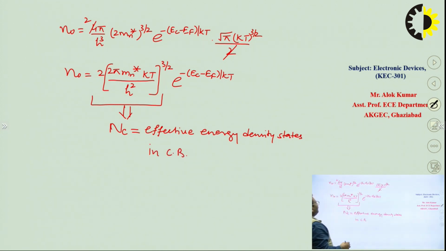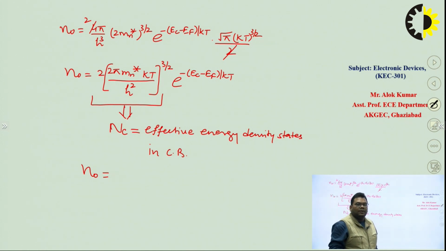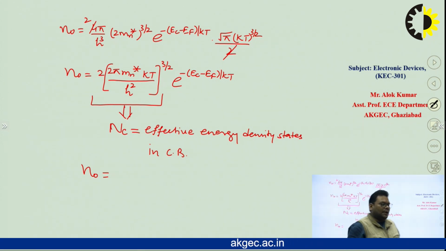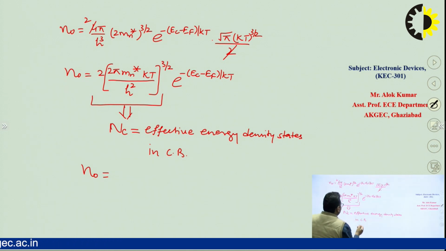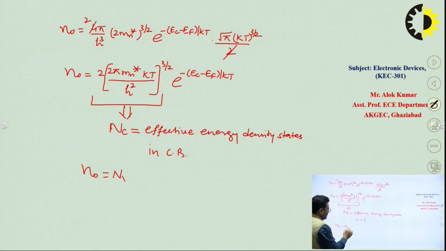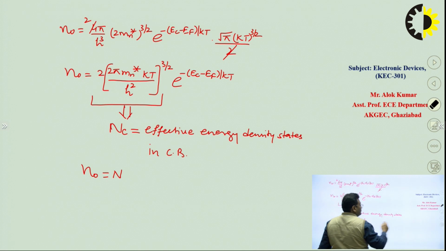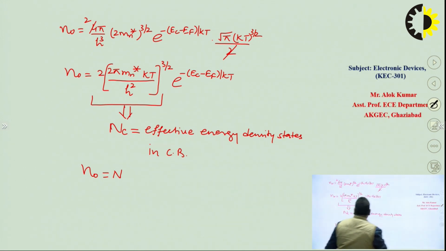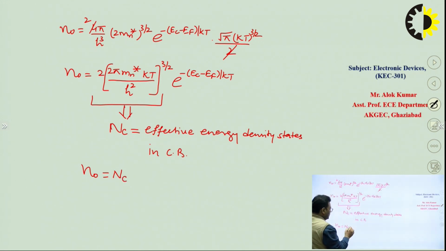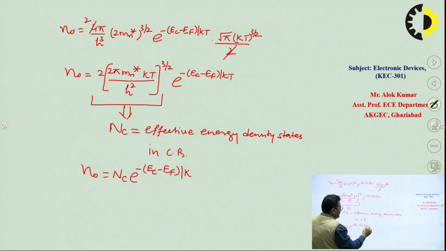right? So the final value of n naught, the concentration of electrons in conduction band, or we can say equilibrium concentration of electrons, can be written as n naught is equal to NC into e to the power minus (EC minus EF) upon KT.